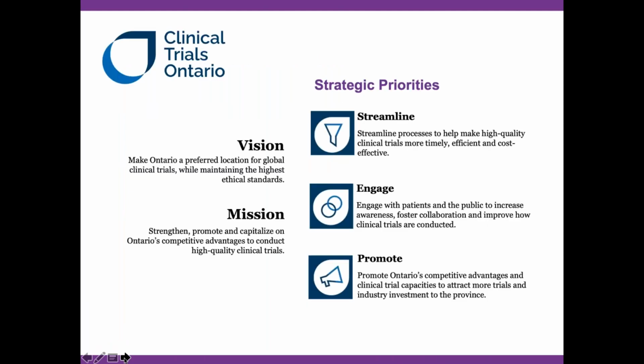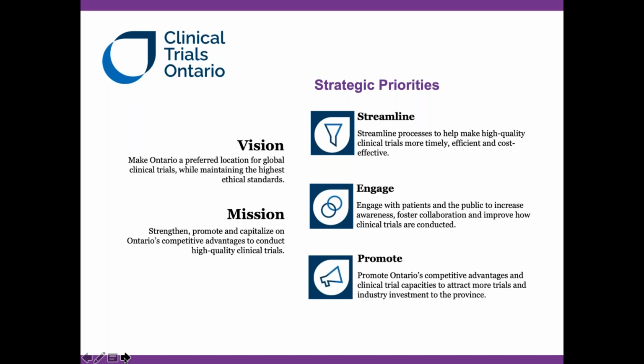So before we start, the organization that I am representing today is called Clinical Trials Ontario. You may hear me refer to it simply as CTO. And really, the bottom line is that we are primarily supported by the Ontario government, and it's really our role to help make Ontario a better place to do clinical trials.